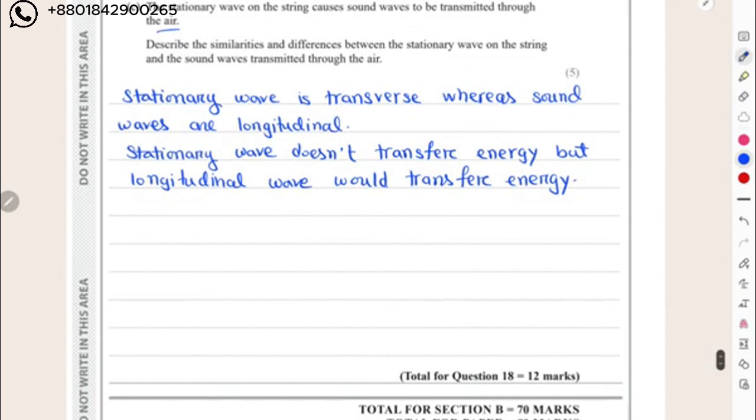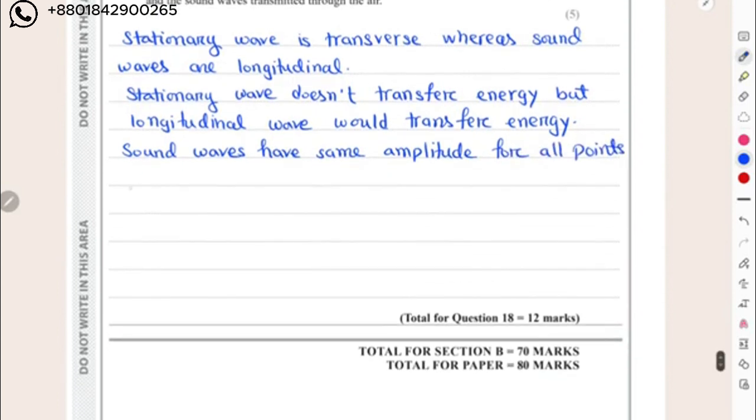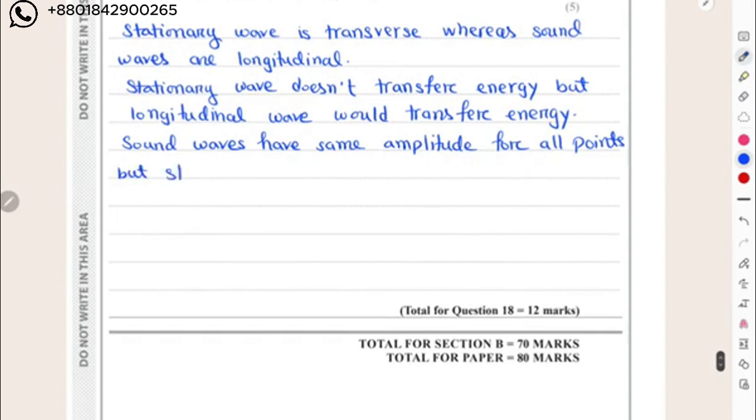And then again, a sound wave has the same amplitude for all points, but a stationary wave doesn't.